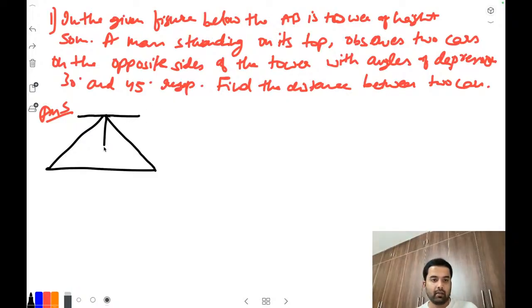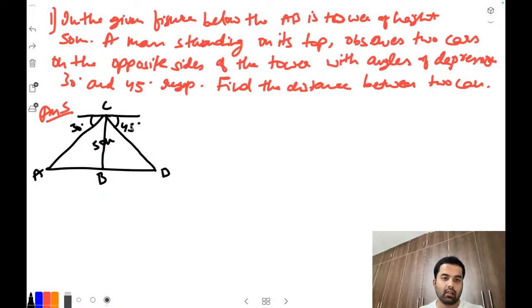It is 50 meter. A, B, D, C. Here is 30 degree, here is 45. Car first is here, car second is here.